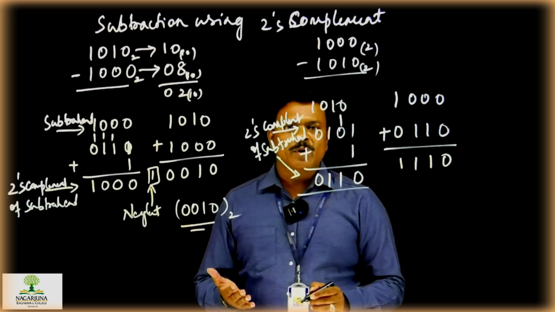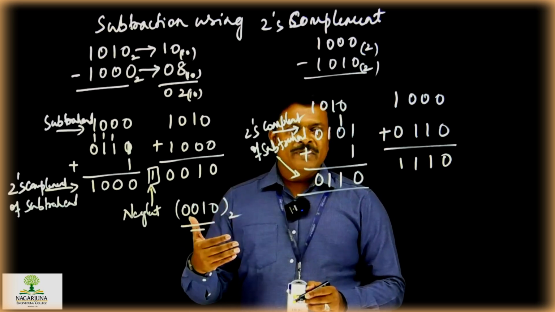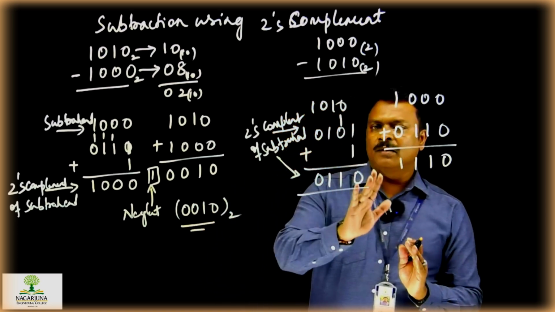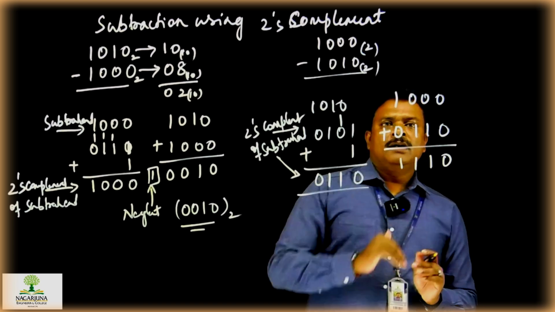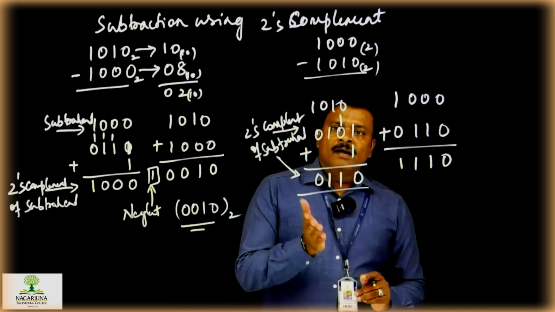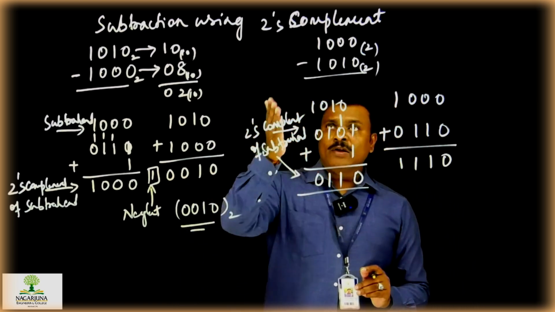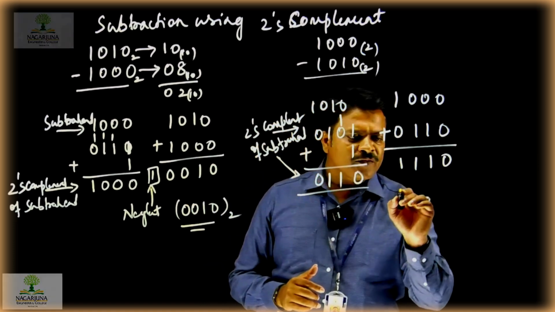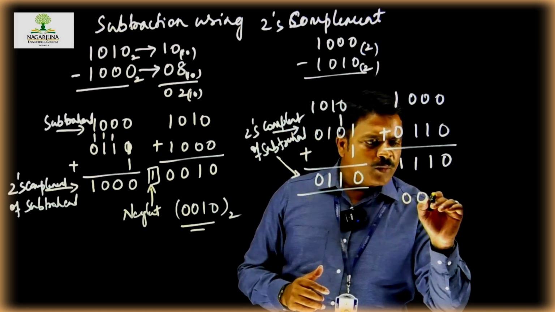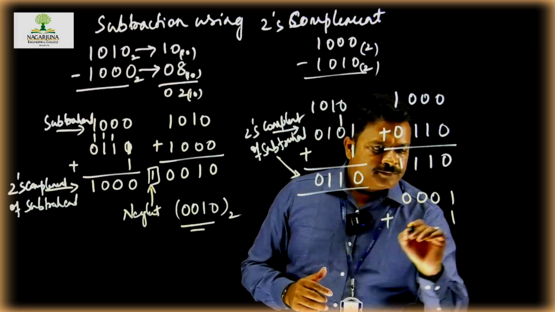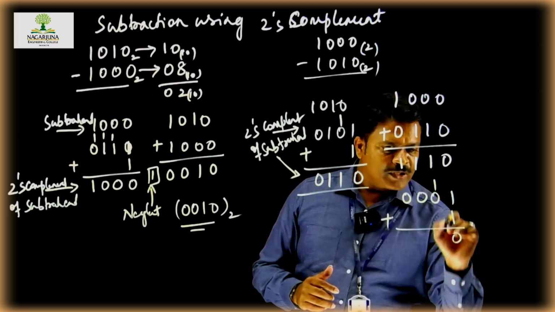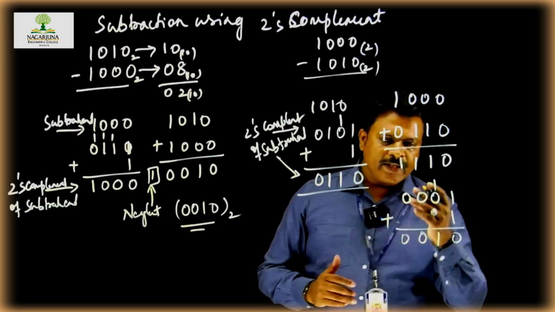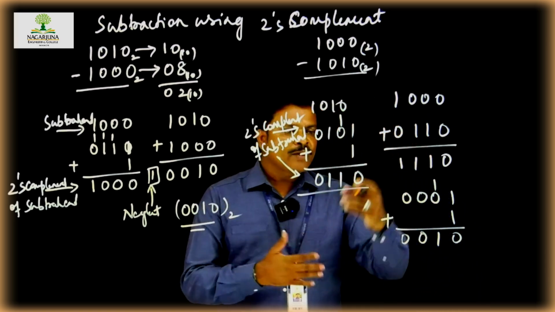In the one's complement subtraction, you did the one's complement again for the first step answer. But here, dealing with two's complement, you have to do the two's complement for your first step answer. That is first doing the one's complement and adding 1 to it. Adding 1 gives sum 0 and carry 1, and we retain the rest as it is because you don't have any number there.